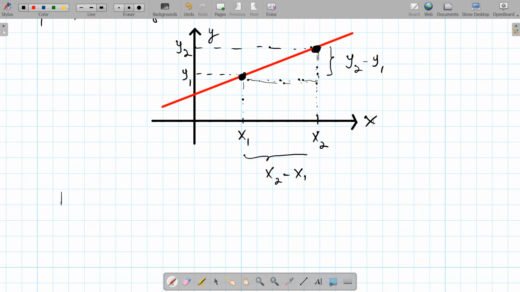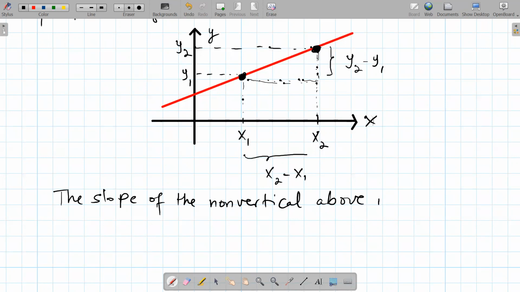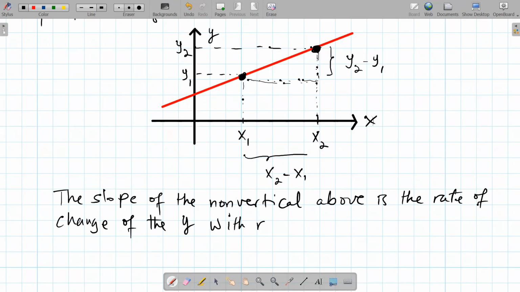So the slope of the non-vertical line above is basically the rate of change of the y with respect to the change in x.